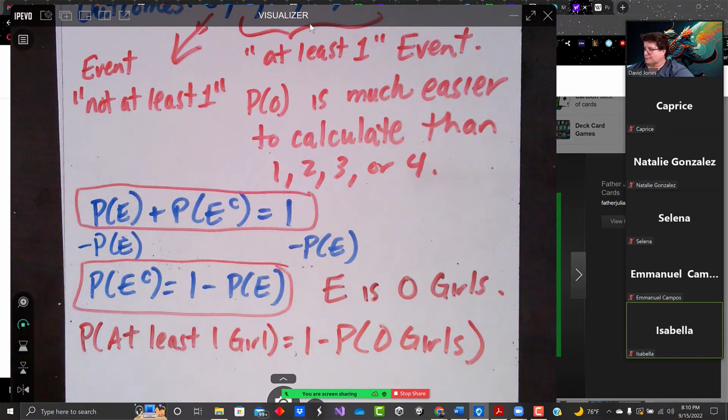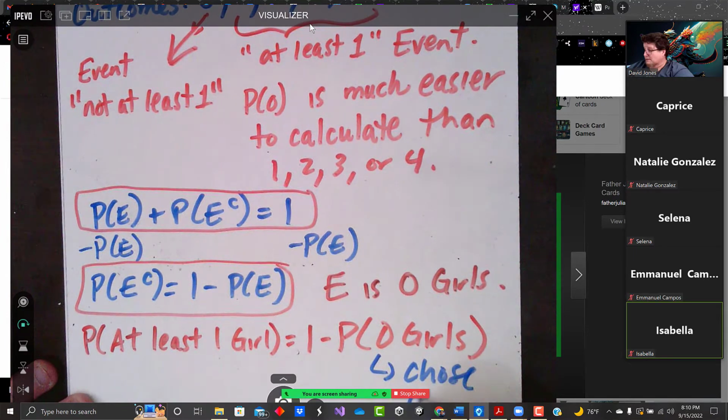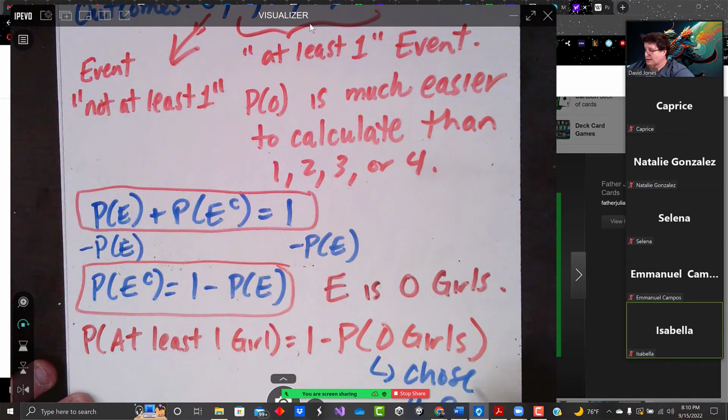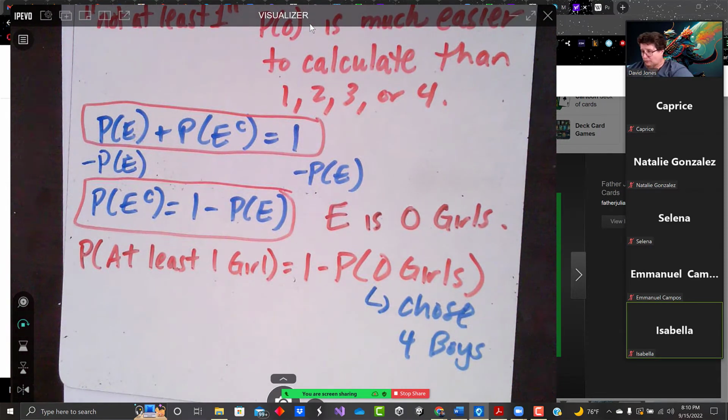And 0 girls means we chose 4 boys, assuming that it's binary groupings. All 18 and 12 people are identified in the binary grouping.